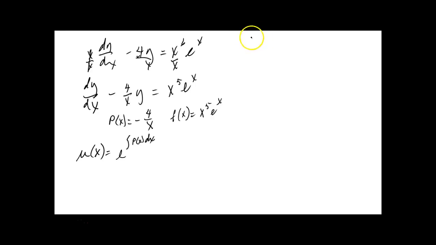So the integral of p of x dx is equal to minus 4 times the integral of 1 over x dx, right? And what is that, by the way? Minus 4 log x. Okay.